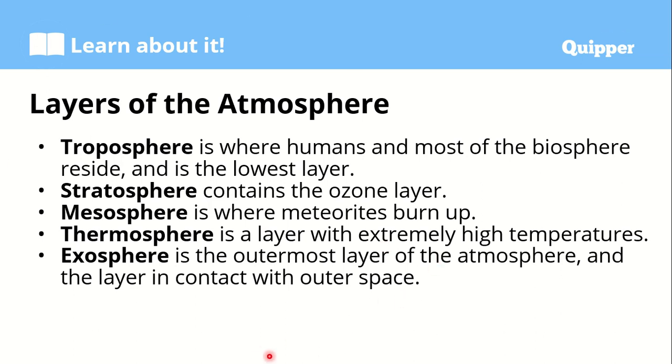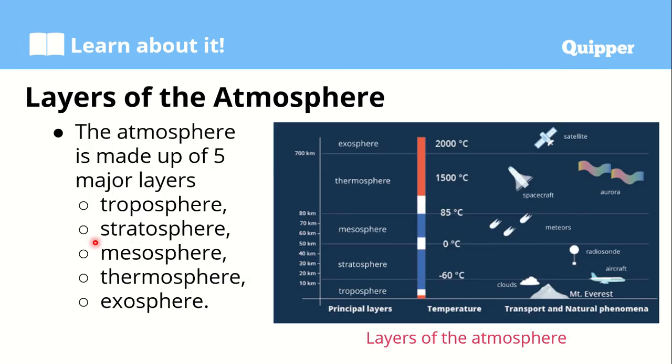Aside from that, another interesting fact is that the International Space Station orbits through this layer. I'm not really sure if it's NASA or the spacecraft of the International Space Station, but it can be seen in the thermosphere.